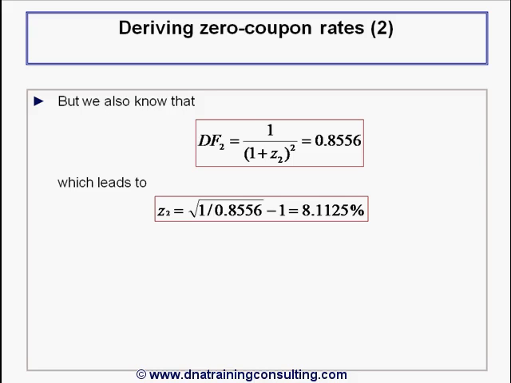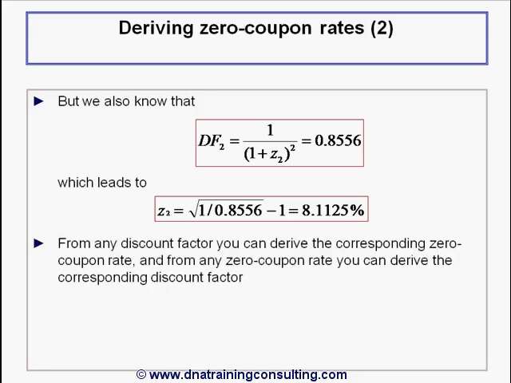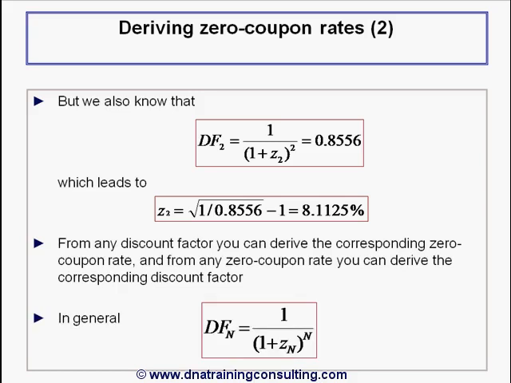The above example should have made you realize that from any discount factor you can derive the corresponding zero coupon rate, and from any zero coupon rate you can derive the corresponding discount factor. In general, we can write dfn is 1 over (1 plus zn) to the power n, where zn means the zero coupon rate for a tenor of n years, an equation we will be using shortly.